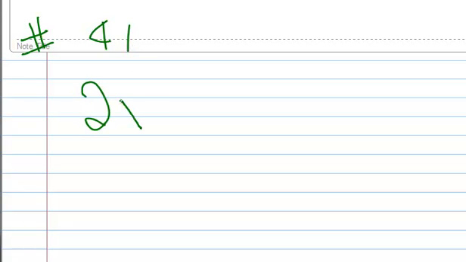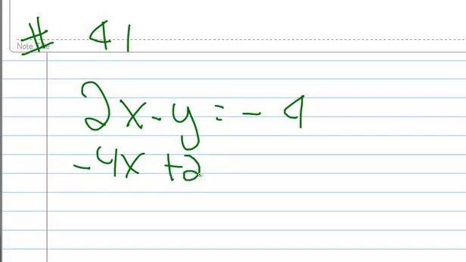Let's do another one, and this is from your text, I believe number 41: 2x minus y equals negative 4, and negative 4x plus 2y equals 8. We want to solve this one with substitution.